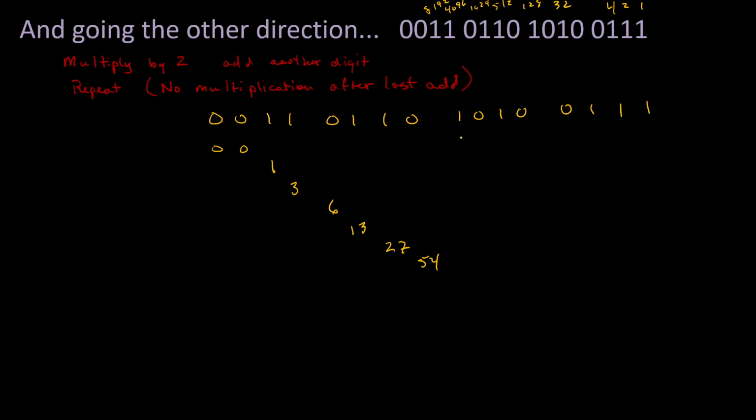Multiply by 2, add the next digit, which is a 1, I get a 109. Multiply by 2, add the next digit, I get a 218. Multiply by 2, add the next digit, I get a 437. Multiply by 2, add the next digit, I get an 874.